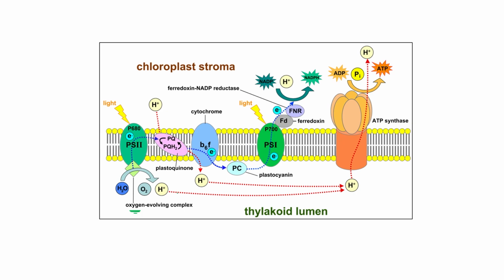Right, and this red broken arrow shows the movement of protons in the thylakoid lumen, and finally it is collected on the lumen side, and then through ATP synthase it passes the F0 F1 particle and is further used by ADP in the presence of inorganic phosphate to produce ATP.